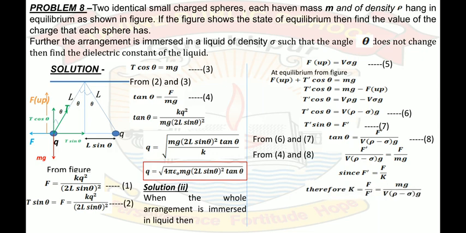We are going to have K is equal to F upon F dash. Arranging this, F upon F dash will go downward, mg will go this side. It will become mg upon V into rho minus sigma into g. For m, again we can put V rho g. V and V will be cancelled out, g and g will be cancelled out, and we are going to have K is equal to rho upon rho minus sigma, which is our final answer.